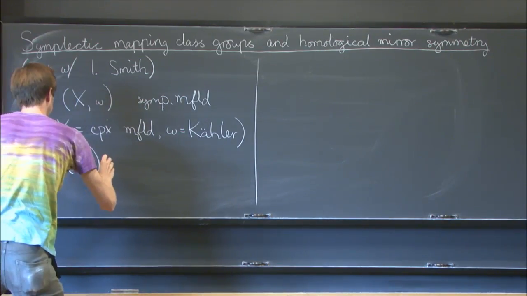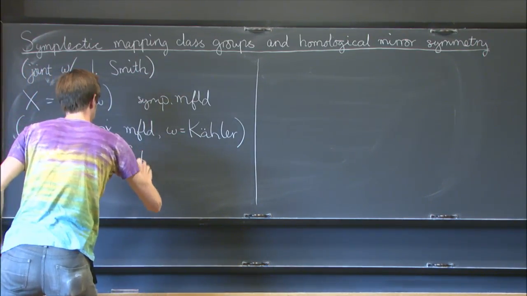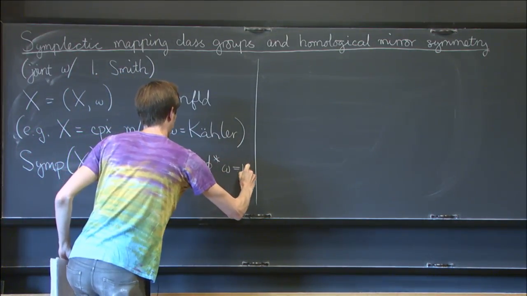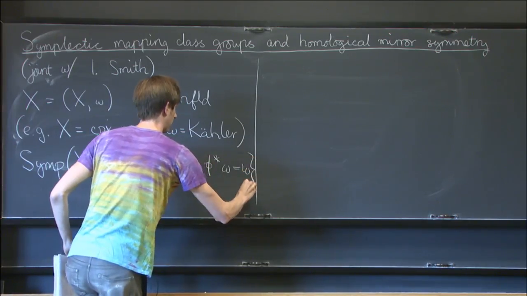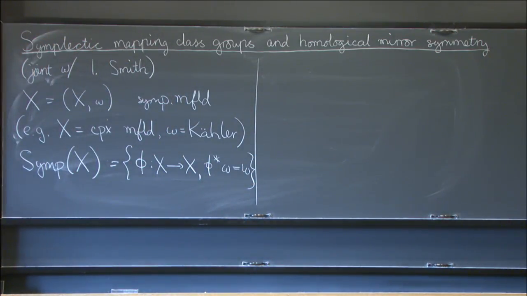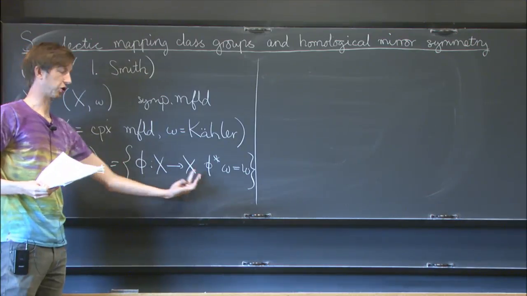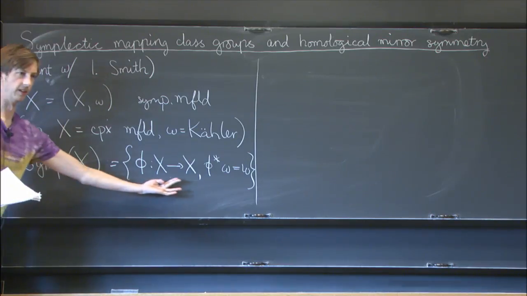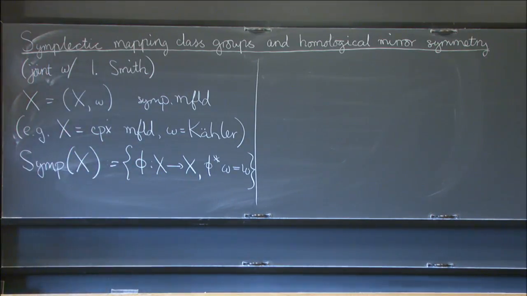The object we're going to be studying today is the topological group of symplectomorphisms from X to itself: diffeomorphisms from X to itself that respect the symplectic form. In this case, where X is a complex manifold, of course you could have a complex automorphism that respects the Kähler form, but this group is much bigger and infinite dimensional.